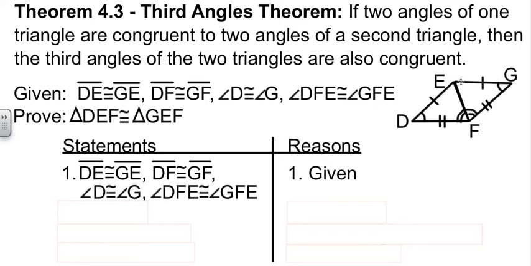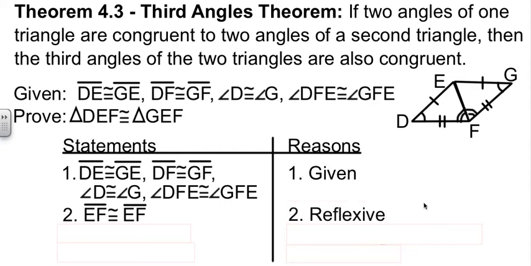Which side in triangle GEF have we not talked about? Side EF. I'm sure you'll agree with me that EF is congruent to itself. And that's one that we really like, reflexive property. This is one of the few places where we have to use reflexive because we have to establish that we have the right number of sides to work from.